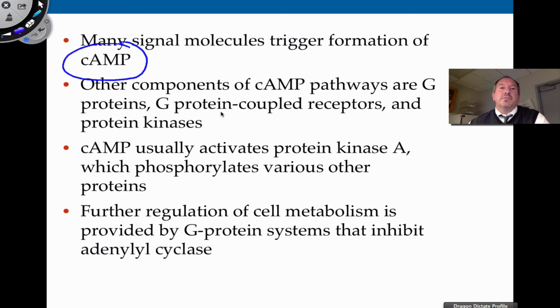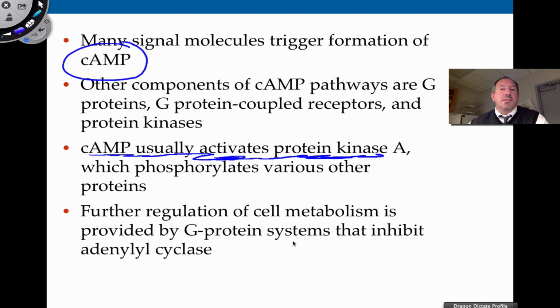And so what happens is the cyclic AMP increases. And then what that does is that these kinases can receive cyclic AMP, or they can receive phosphates, and they can become activated. So usually cyclic AMP activates kinases, and then that transfers phosphates and gets other proteins into it.